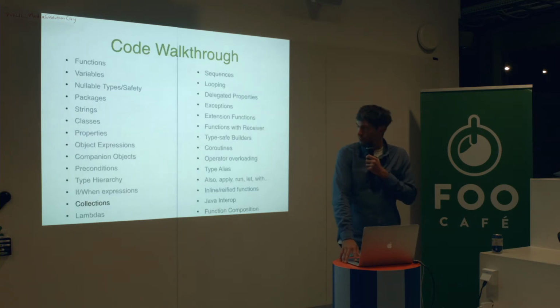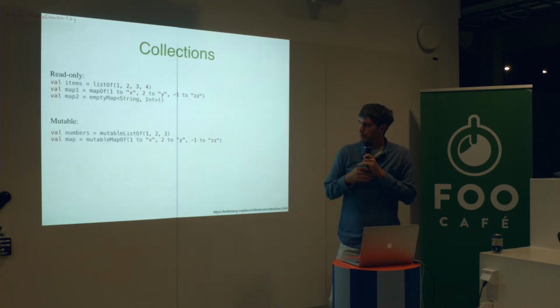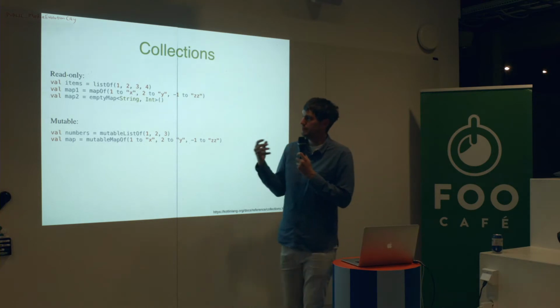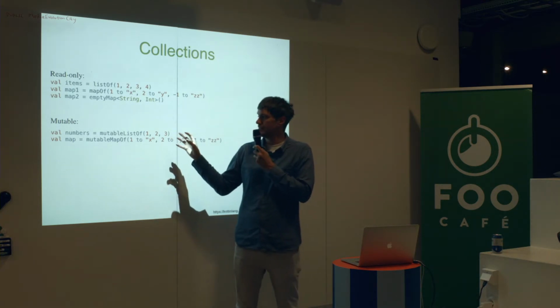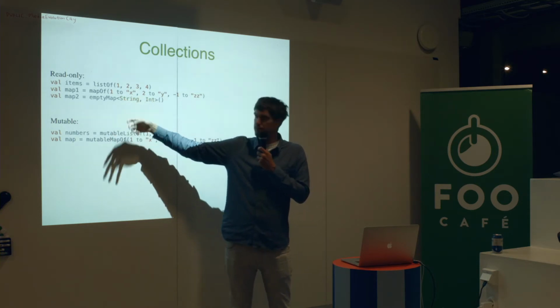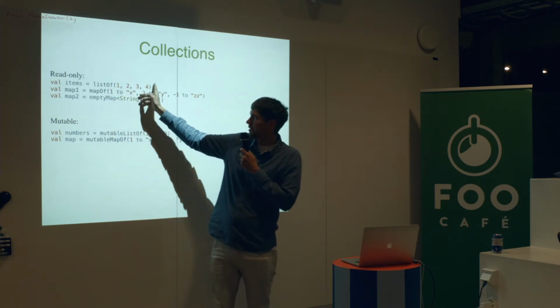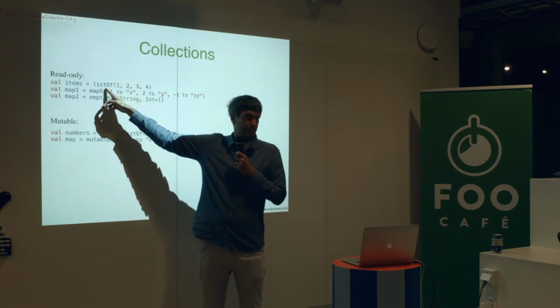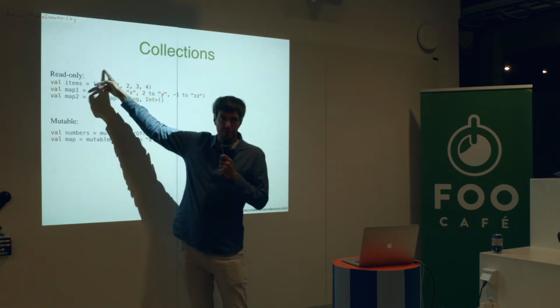Okay, moving on. Collections. This is also kind of nice with Kotlin. You explicitly tell Kotlin if you want a read-only collection. In this case, if you use listOf and then pass in some arguments here, you will get a read-only list, which is different from immutable.